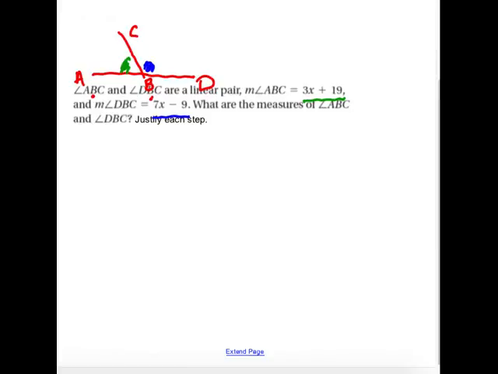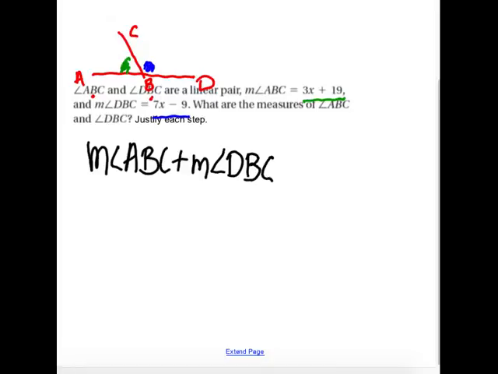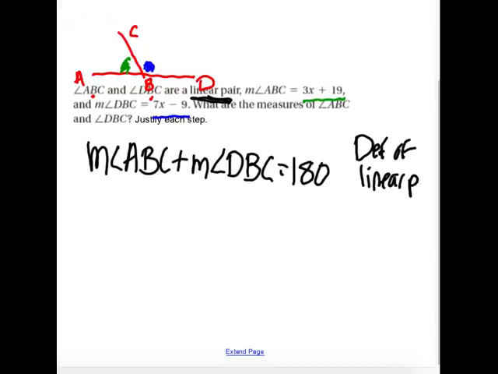Alright. So I've got to somehow get x's involved. Well, I know that the measure of ABC plus the measure of angle DBC has to equal 180. I know that because it tells me in my instructions that it's a linear pair. So we've got the definition of linear pair.